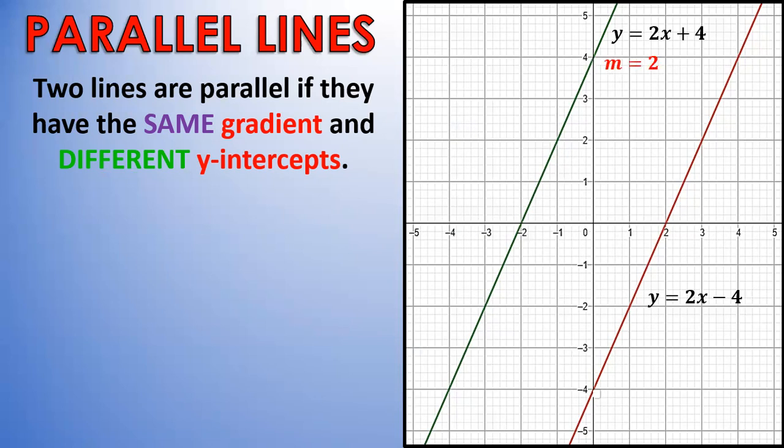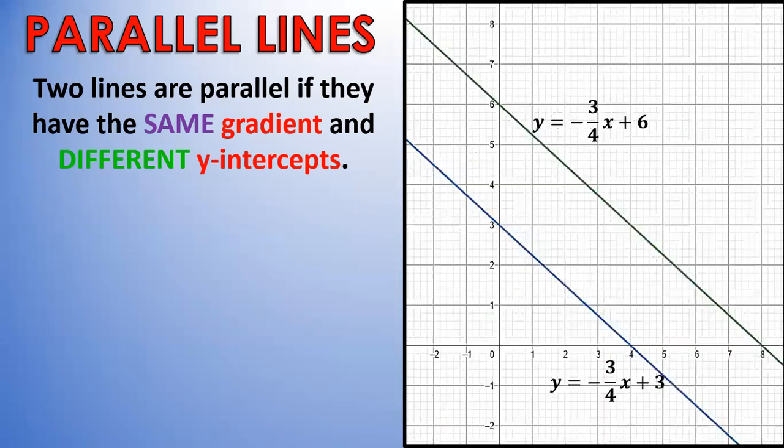The gradient of the first line is 2. Its y-intercept is 4. Look at the second equation. The gradient is 2, and the y-intercept is negative 4. These two lines are parallel because they have the same gradient.